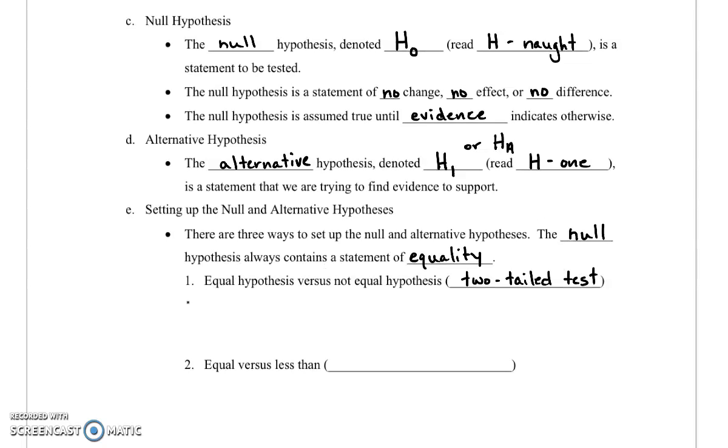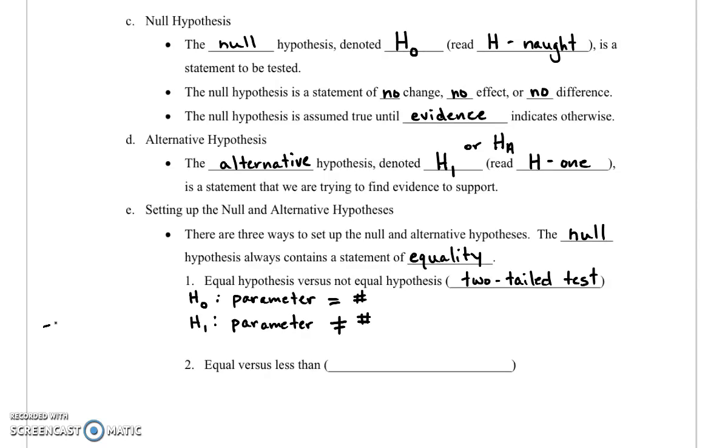So in the not equal hypothesis, H0 is always whatever the parameter is equals some number, and our alternative H1 is always the parameter not equal that same number.